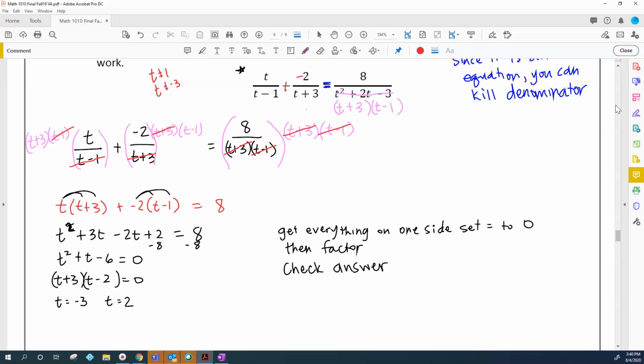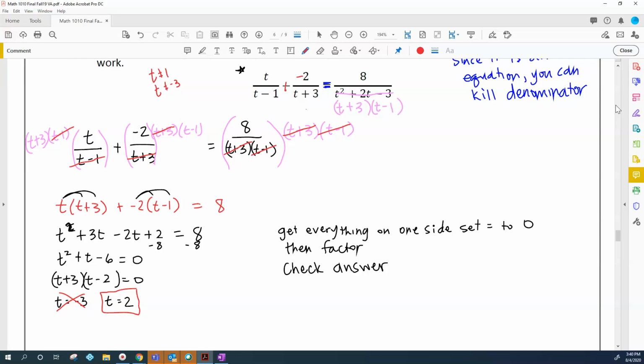And so negative 3 is not a good solution. We only want t equals 2. If you went back and checked both of these, you'd see negative 3 doesn't work, but 2 does. But really what you're looking for in the check is just making sure that we're not going to be dividing by 0.